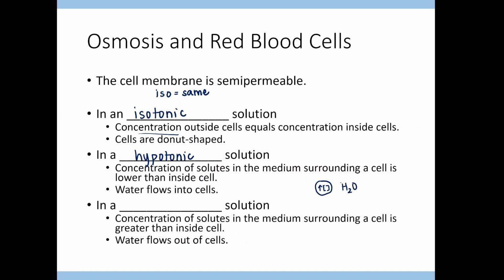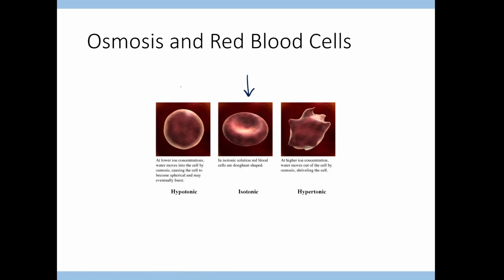So water will travel into the cell to decrease the concentration of the solutes on the inside, to reach a concentration on the inside of the cell that equals the outside. And that is shown in this first image here. This is hypotonic. So the movement of water into the cell causes the cell to increase in size, become spherical, and it can eventually burst.